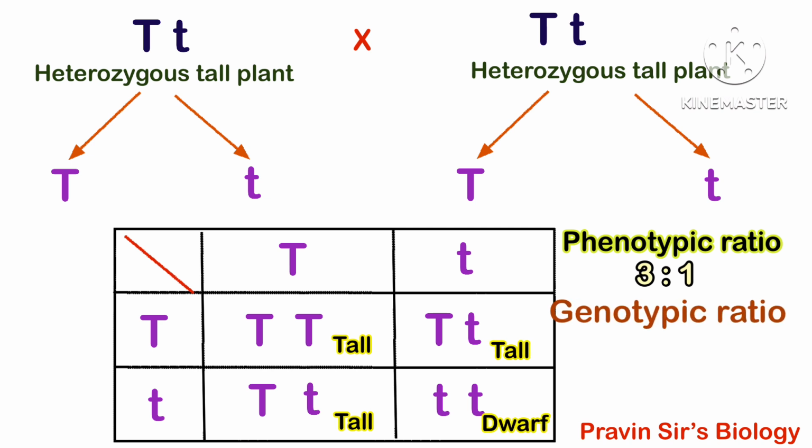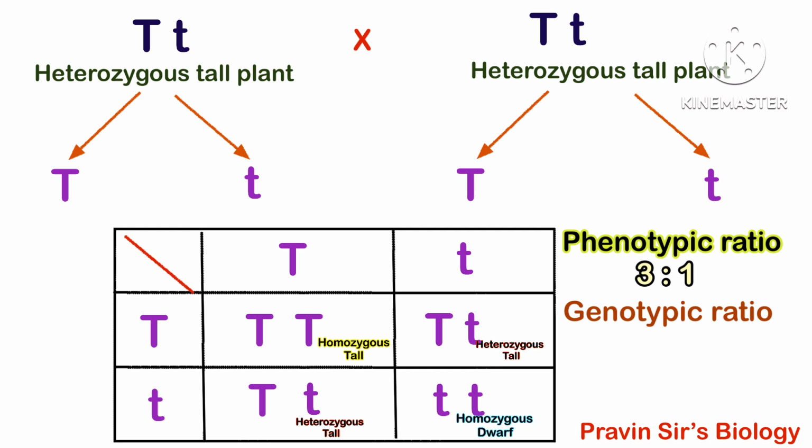Let's see the genotypic ratio. 1 plant is homozygous tall, that is capital T, capital T. These 2 plants are heterozygous tall, that is capital T, small t. And this 1 plant is homozygous dwarf, small t, small t. So the genotypic ratio will be 1:2:1. Recessive genes do express themselves when they are in homozygous condition.